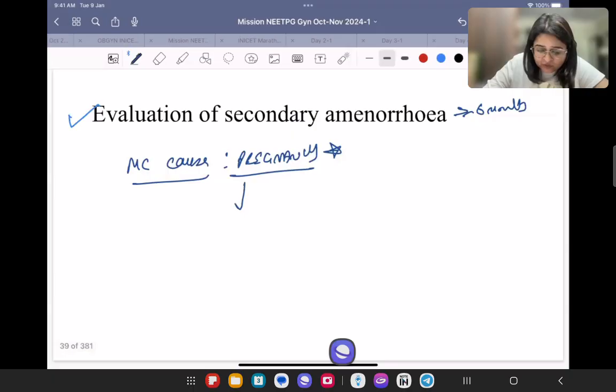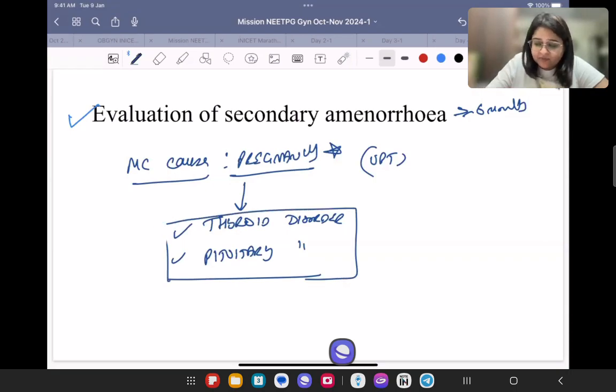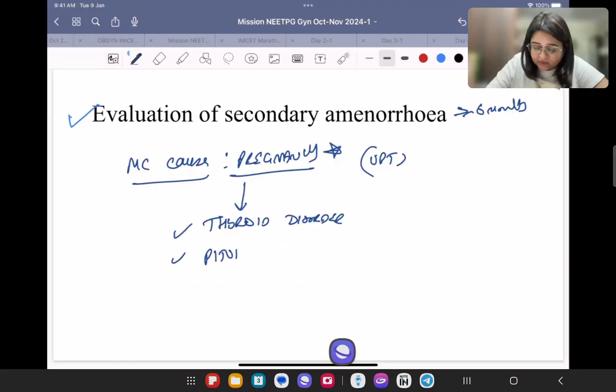Once you've ruled out pregnancy, the first thing you need to do is a UPT. Once you've done a pregnancy test, next you have to rule out two important things. One is a thyroid disorder, which is again a very common cause of menstrual complaints, and another is prolactin.